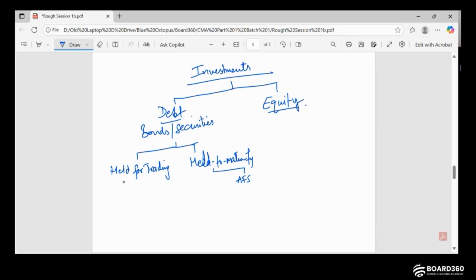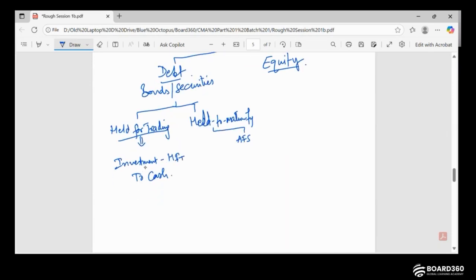So for held for trading, generally the journal entries are very simple. When you invest, it will be investment held for trading to cash, right?